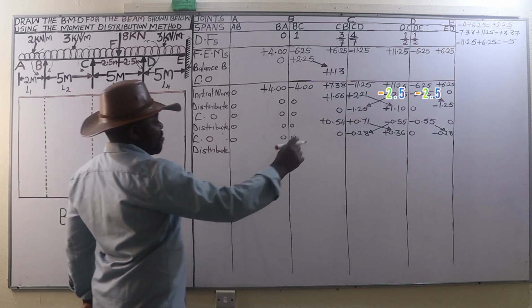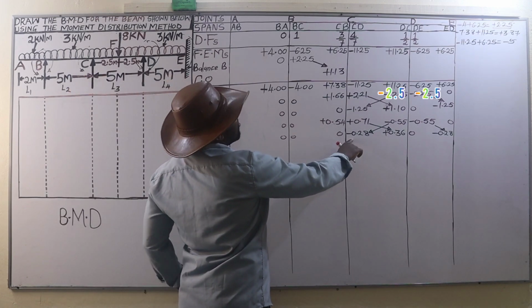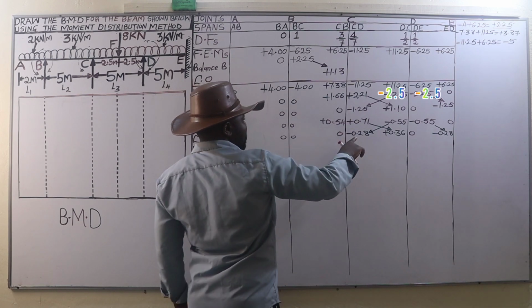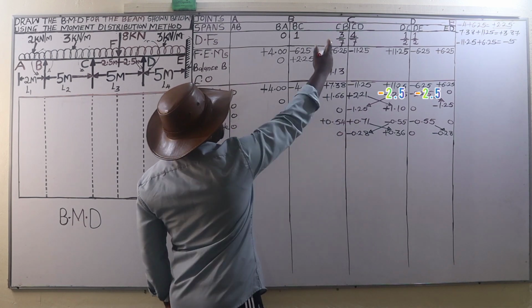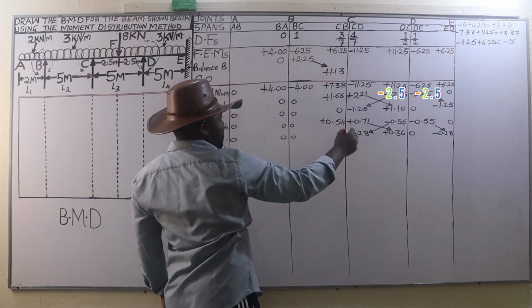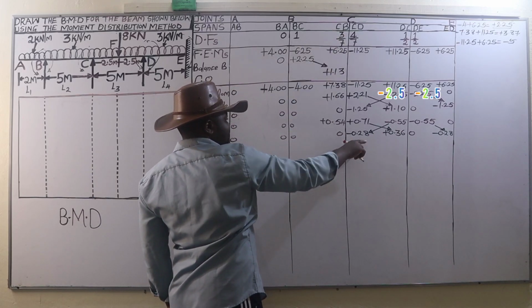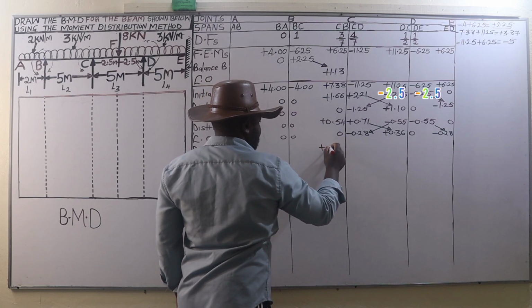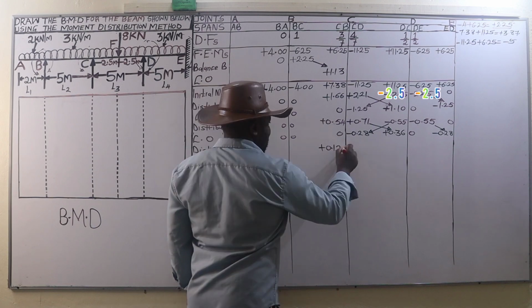For distribution, we have an excess moment here on joint C of positive 0.28. So this positive 0.28 on member CB, we multiply by the distribution factor. So 3 over 7 multiplied by positive 0.28, that is going to be positive 0.12.